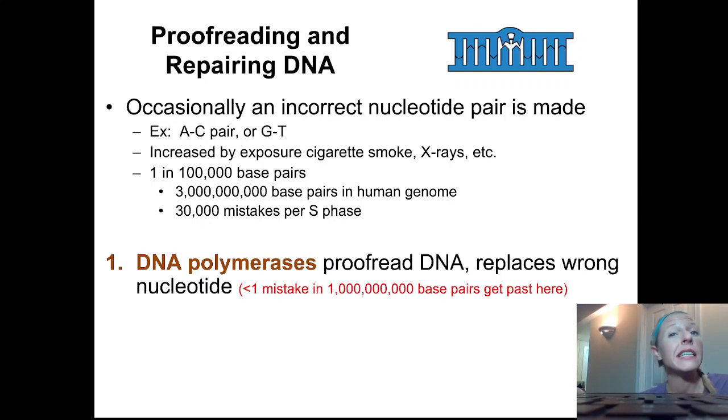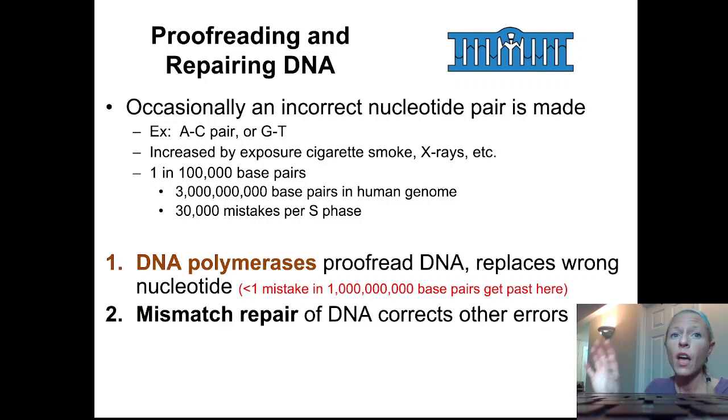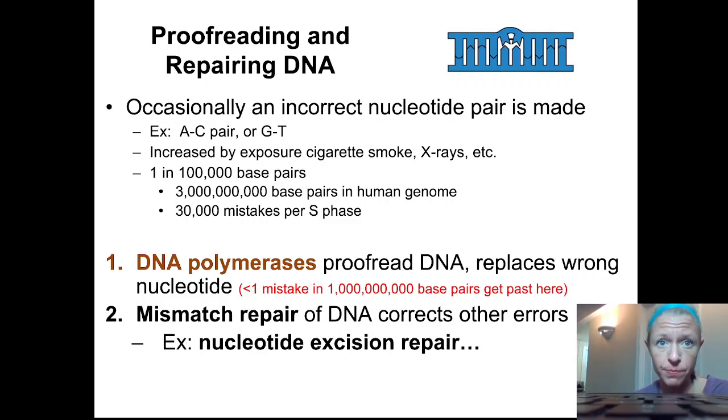So there's a decent amount of mistakes made per S phase. So DNA polymerases proofread your DNA and replace those wrong nucleotides. There's also mismatch repair of DNA that corrects other types of errors.